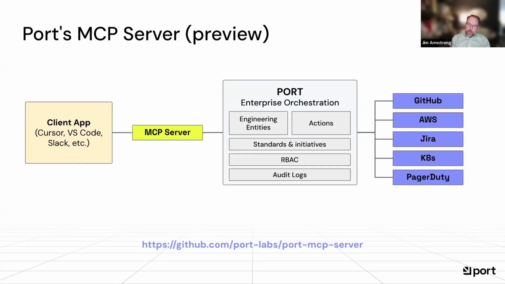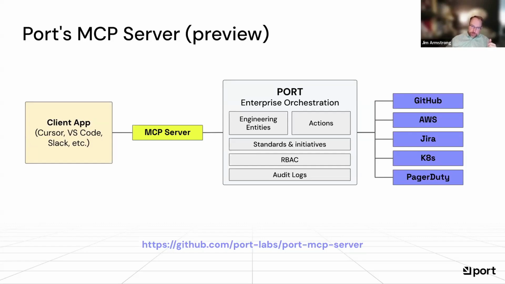So that's important. But also, Port is more than just the collection of tools. It does have your standards and your initiatives that are in place. So if you want to know the right way to do things, then that should be built into Port as well. You can have the actions and automations built into Port. So the agent on the far end, like Cursor and VS Code, can use the actions and tools that are available in Port rather than trying to invent some different way of doing it that may not follow your standards.